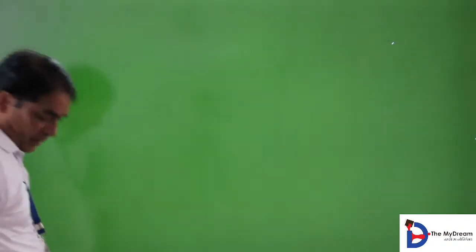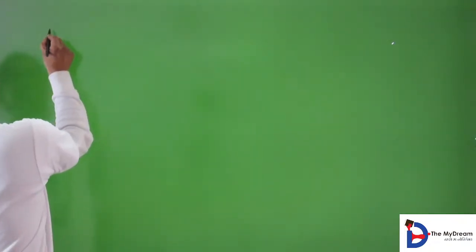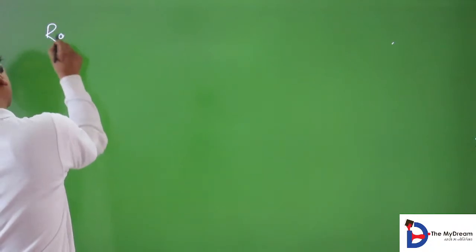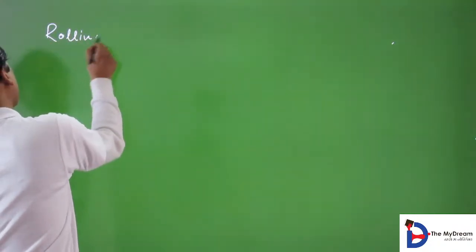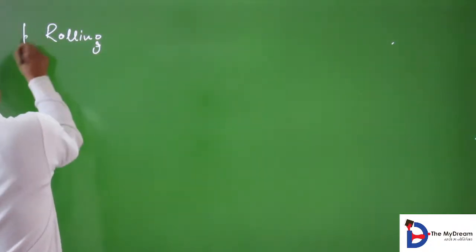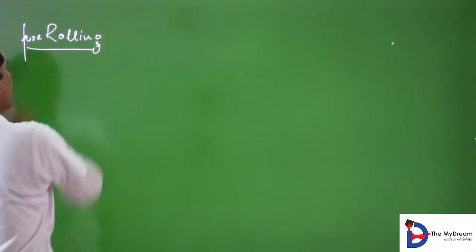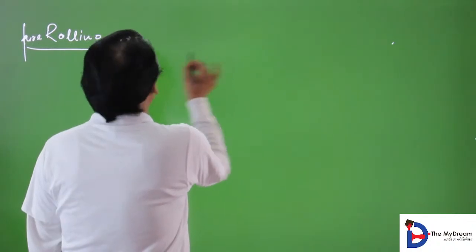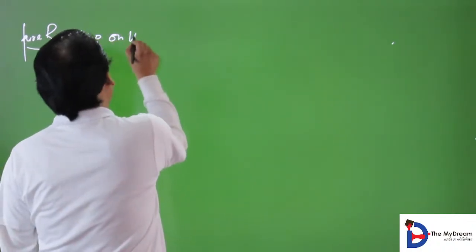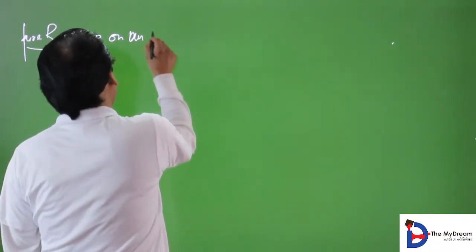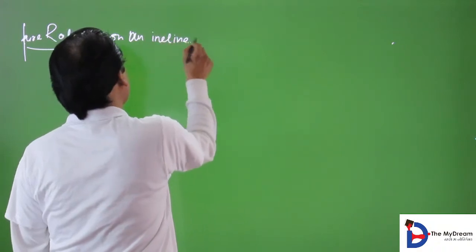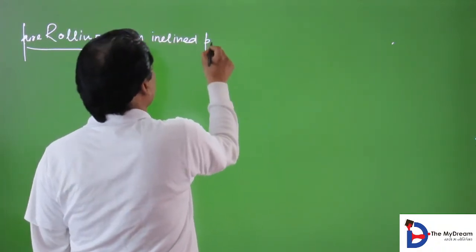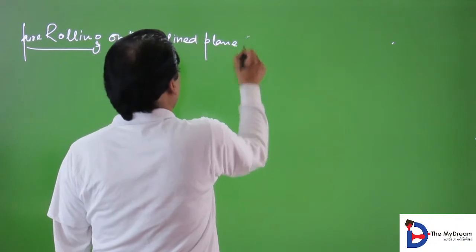Now we are talking about rolling. Rolling अच्छा टॉपिक है, वो ले लेते हैं पहले. रोलिंग, प्योर रोलिंग on an inclined plane, not sliding.